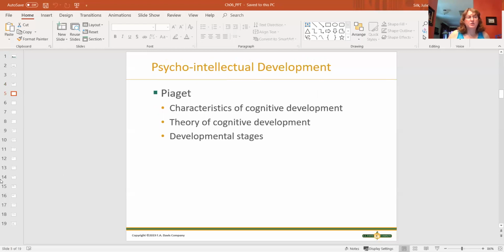All right, so I know you guys took a growth and development class, but we're going to just refresh your memory a little bit about Piaget and some of these other people. Development is a sequential and orderly process moving from stages that are simple to more complex. That's what Piaget thought.